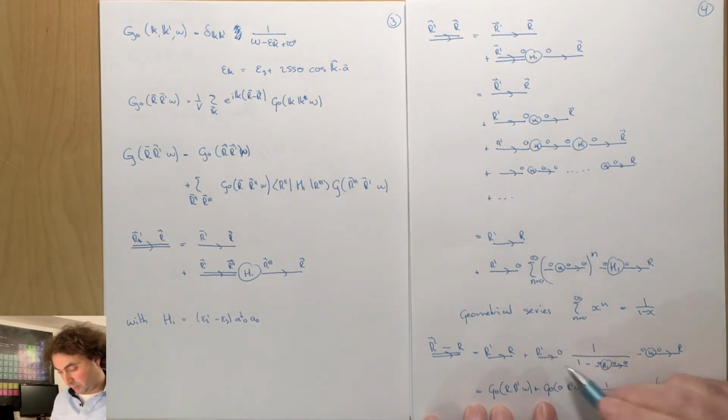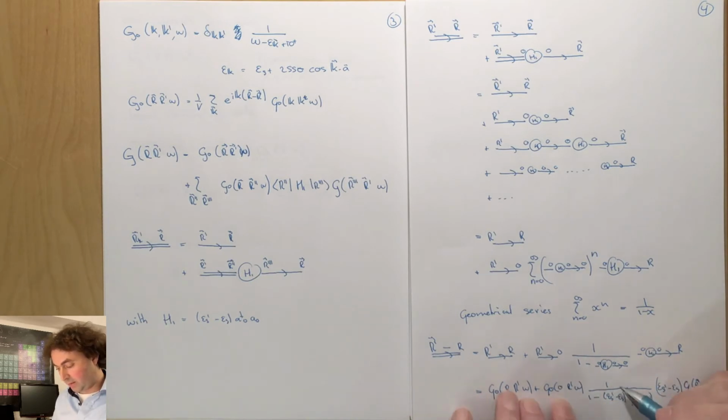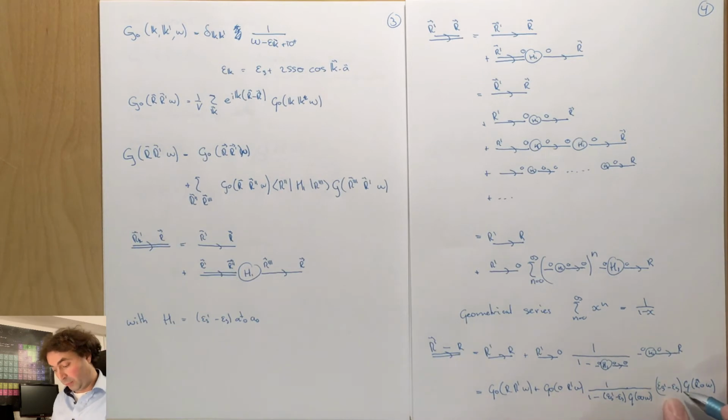I go from r prime to 0, then I can scatter 0 to infinitely times moving back to myself. I have to scatter at least once, and then I go from 0 to r.